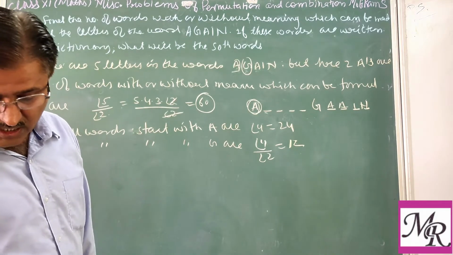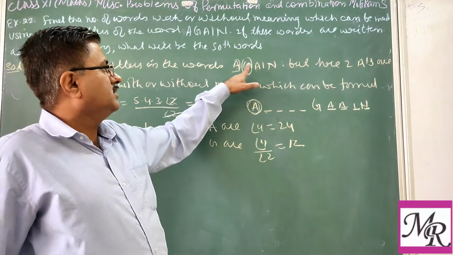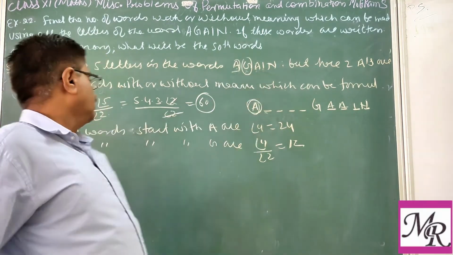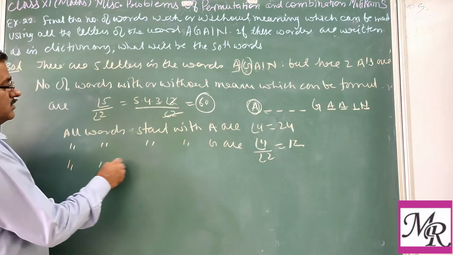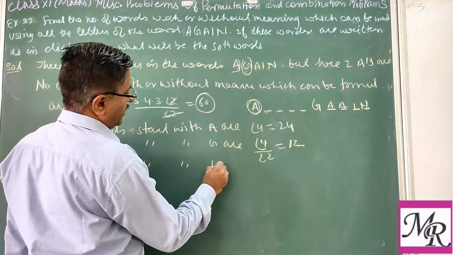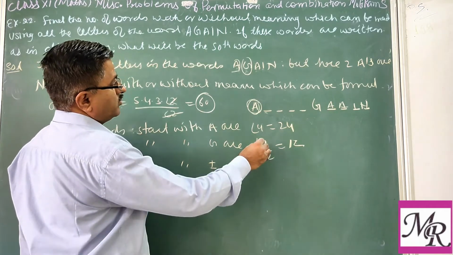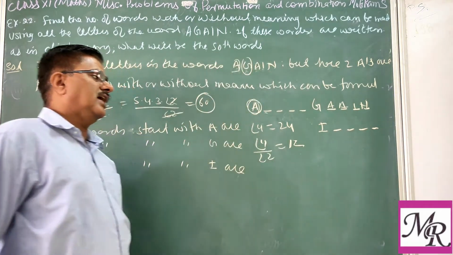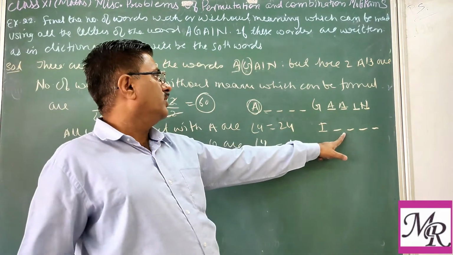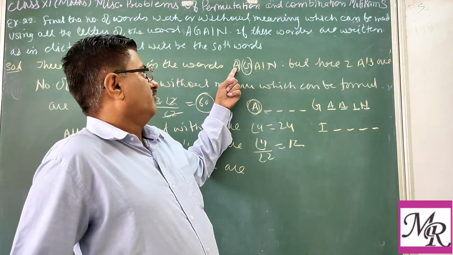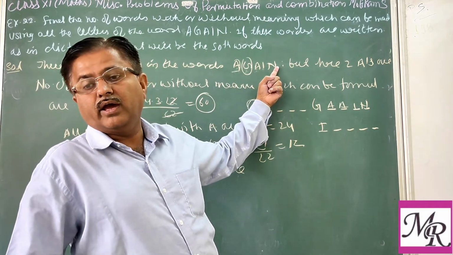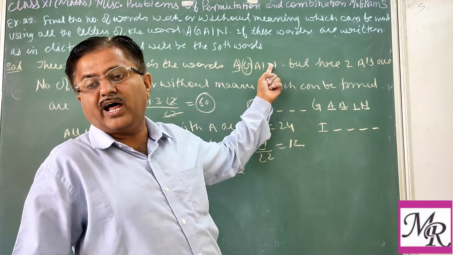Similarly, the number of words with the letter after G will be I. Clear? So you can say all words start with I. If you take I as fixed, 4 vacant seats are there, and all 4 can be filled by A, G, A or N. So here again 2 letters are repeating.